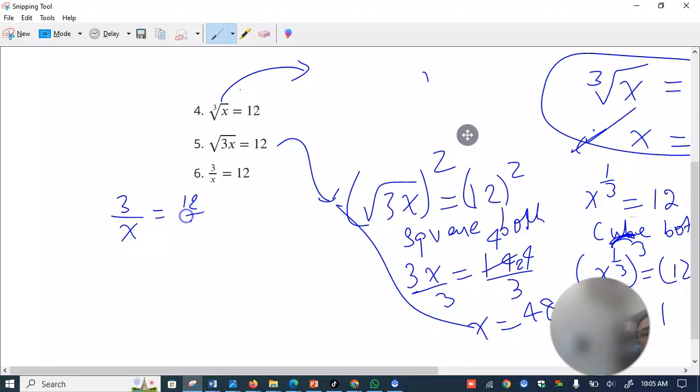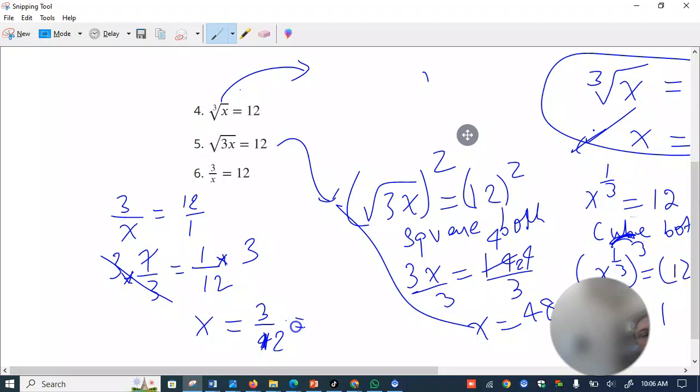you can use invertendo. What that means is you flip both sides, because the variable is down, and then multiply both sides by 3, and this crosses out, and you get x equals 3 divided by 12, which is 1/4, and you are done. Now, can you do another way?